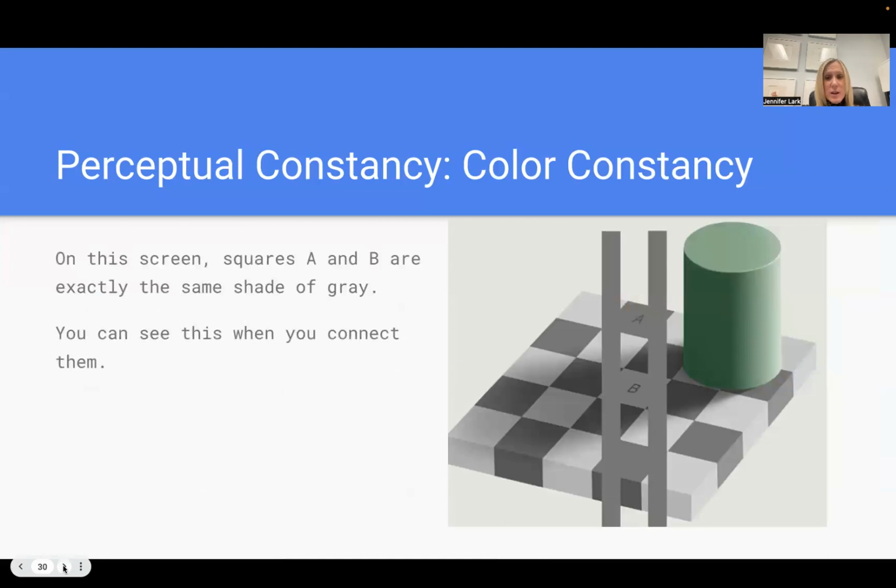On this screen, squares A and B are actually exactly the same shade of gray, and you can see that when you actually connect them together. But if you first look at the image, the B looks white, doesn't it? And it's so interesting again, because our brains do not exist in the world.